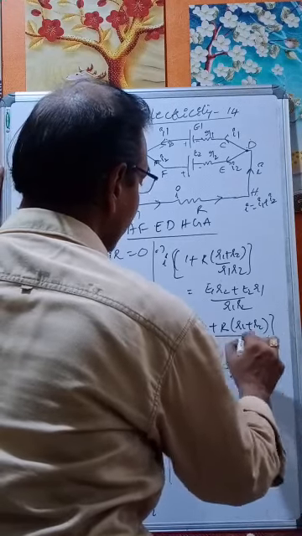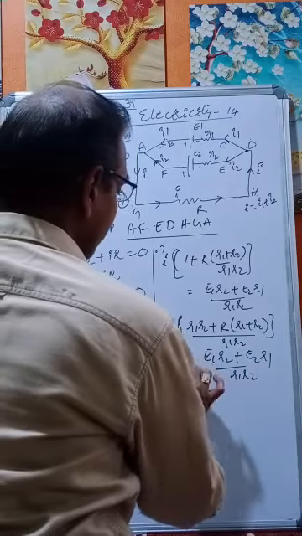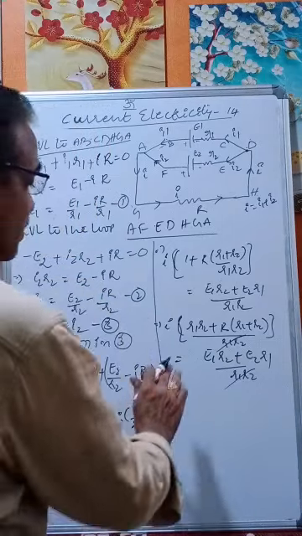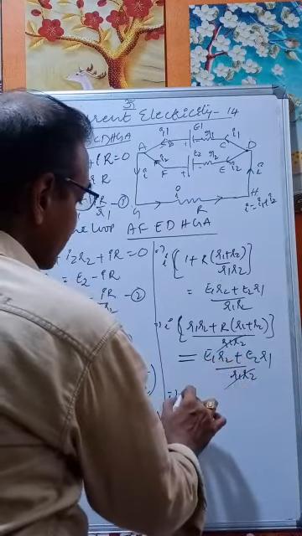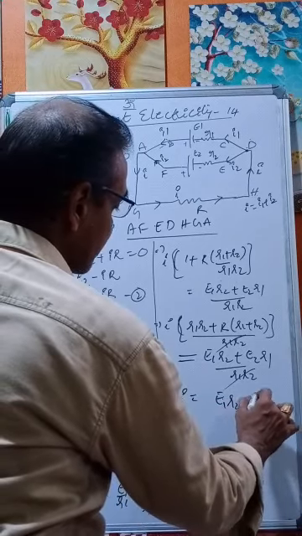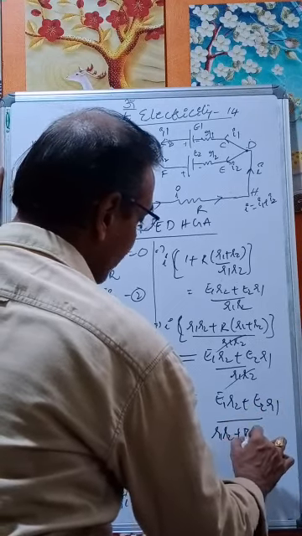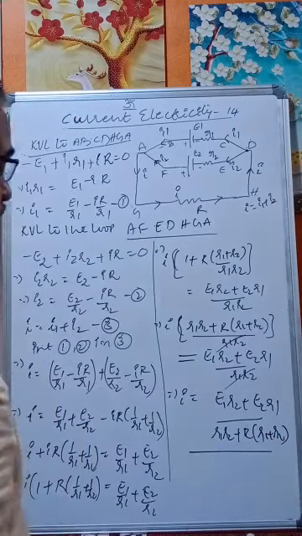Now the R1 R2 on the left side and right side get cancelled. This implies I is equal to E1 R2 plus E2 R1 by R1 R2 plus R into R1 plus R2. That is the expression for current.